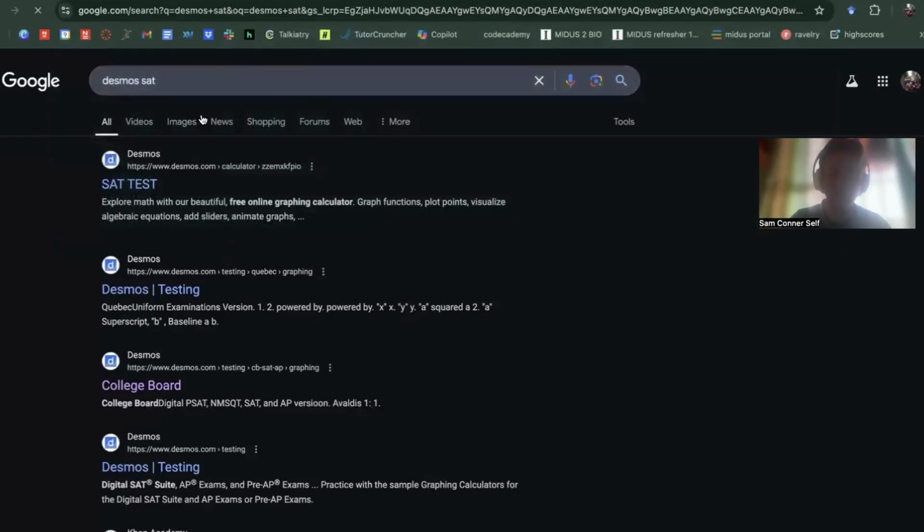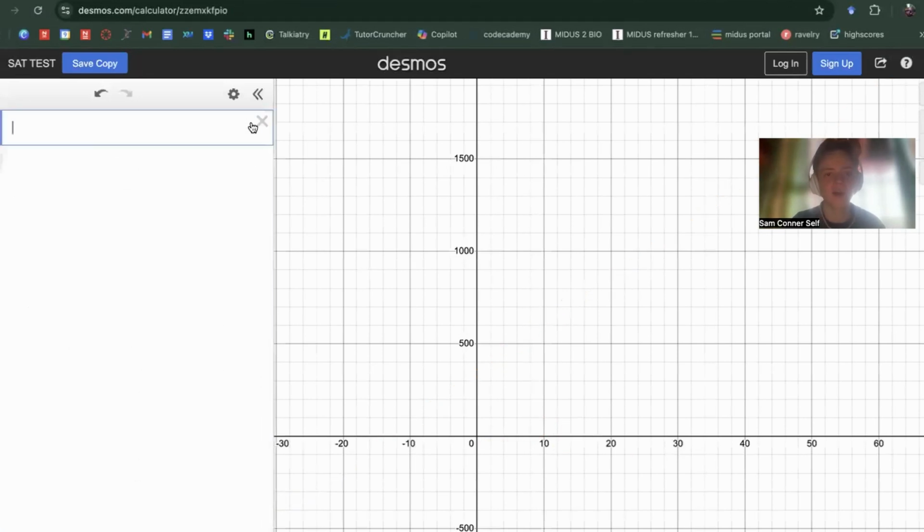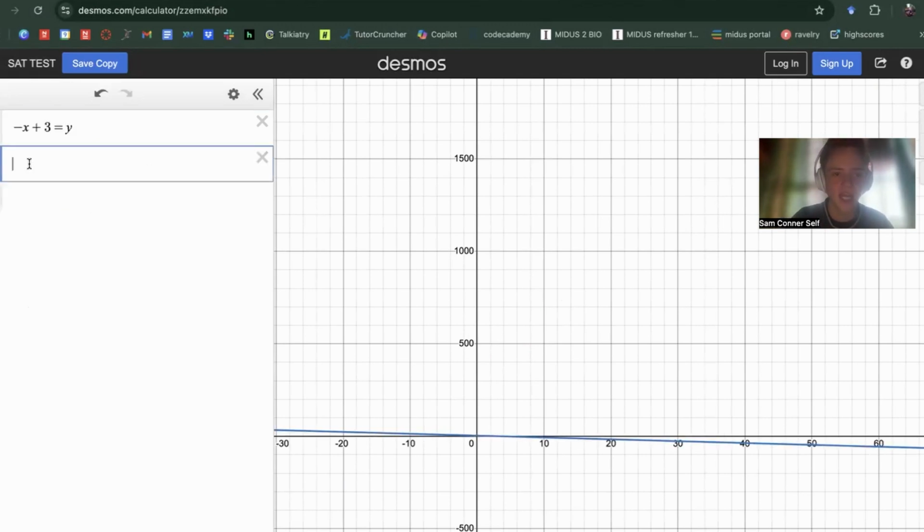Like I said at the beginning, there's a specific Desmos for the SAT test. You just search up Desmos SAT and click that. On the exams, I imagine they will give it to you already pulled up, and then you plug in the equations that they give you. So for the one we were just doing, it's negative x plus 3 equals y, and then negative 6x plus 18 is equal to 6y.